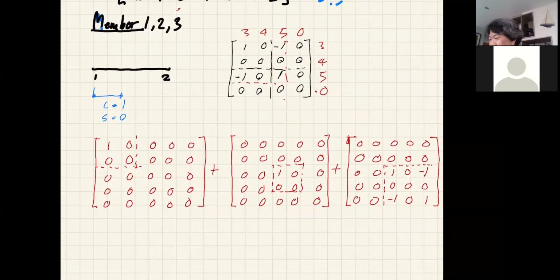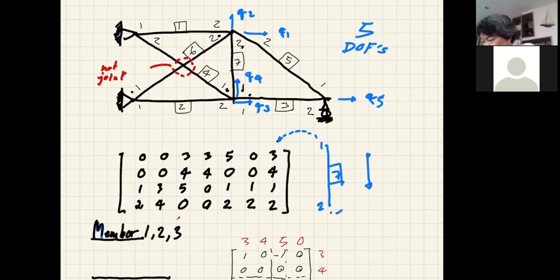Okay, let's try member number 4 and 5. Member 4 is like this, and to give some numbers so that you can see better, let me come back here and give some dimensions.